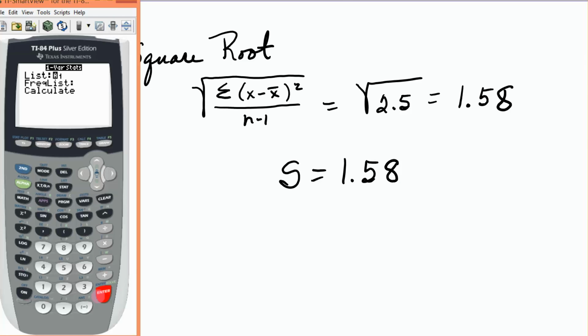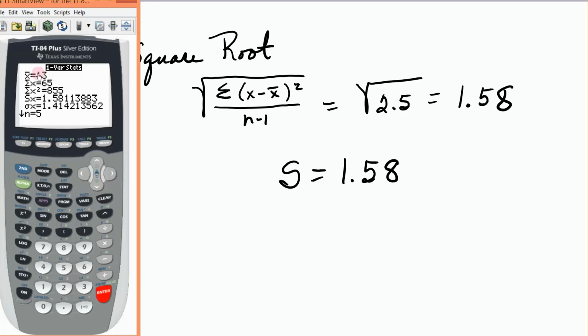Our information is in L1, so I will go down to Calculate, and I have a lot of information.